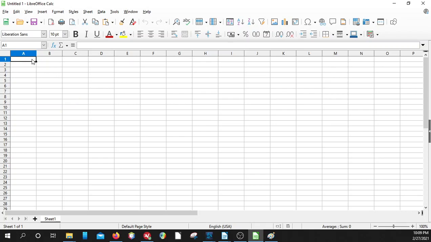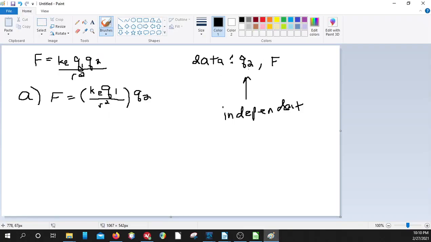Let's write that down: Q1 and R. We're not doing any calculations. You don't have to write it down in a spreadsheet, but you definitely want this information in your lab report. Again, for part A, these two are going to be fixed, and our data is going to be Q2 and F.